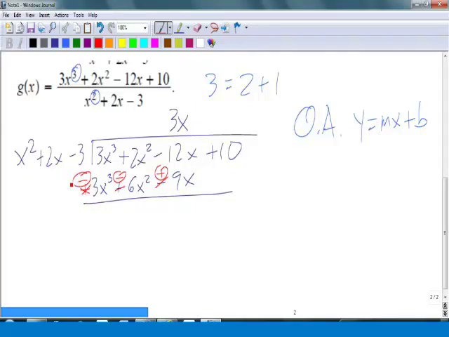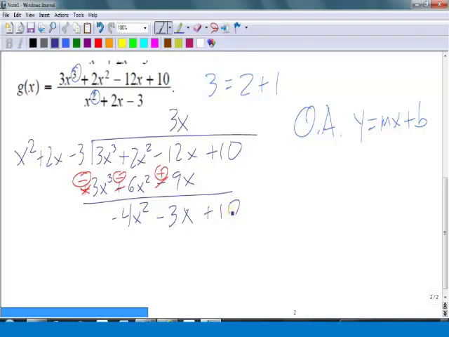Changing the signs gives us the opposite of those terms down below. Then we add them, and that's equivalent to subtracting the original terms. The negative 12x and the positive 9x combine, and we get negative 3x. The 2x squared and the negative 6x squared combine to give us negative 4x squared, and then a plus 10 on the end.